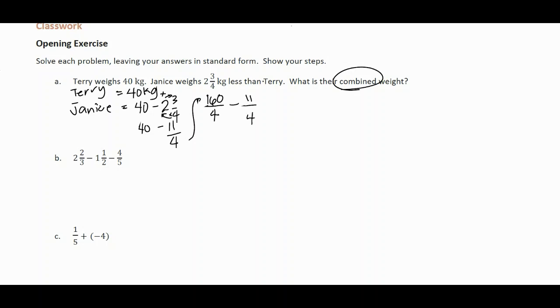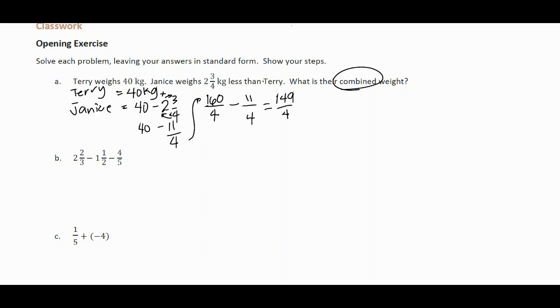Why do we do this? As you can see, the denominators are now the same, which will be much easier for us. So we're going to have 160 minus 11, which will be 149 over 4. As you can see, 149 is not divisible by 4, so we can just leave it this way.